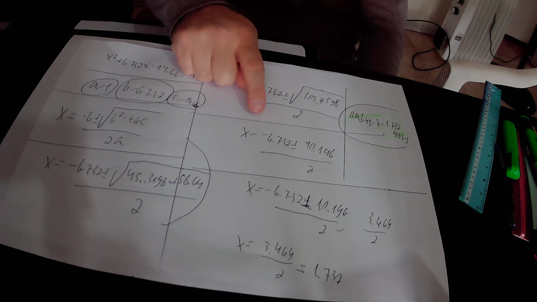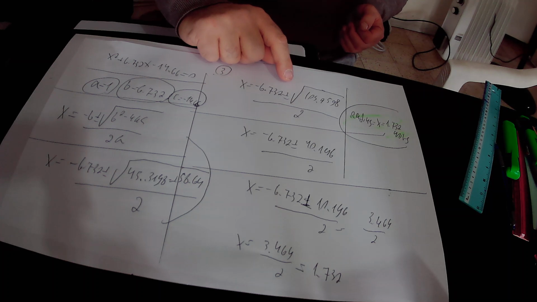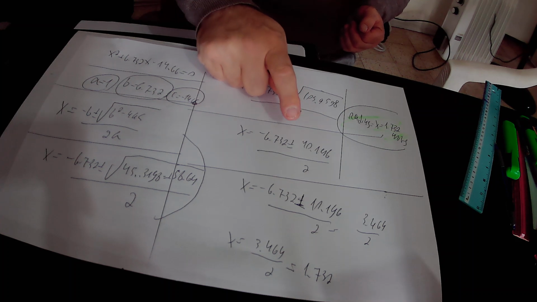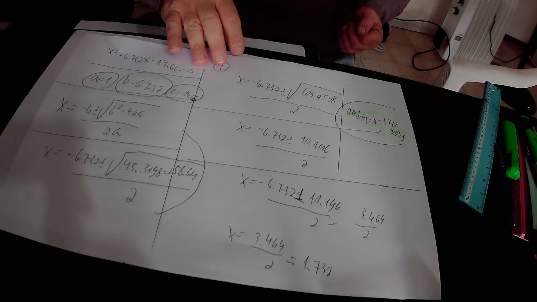So x equals minus 6.732 plus or minus the square root of 103.9598, which equals 10.196, divided by 2. So here we have two possible solutions for x.